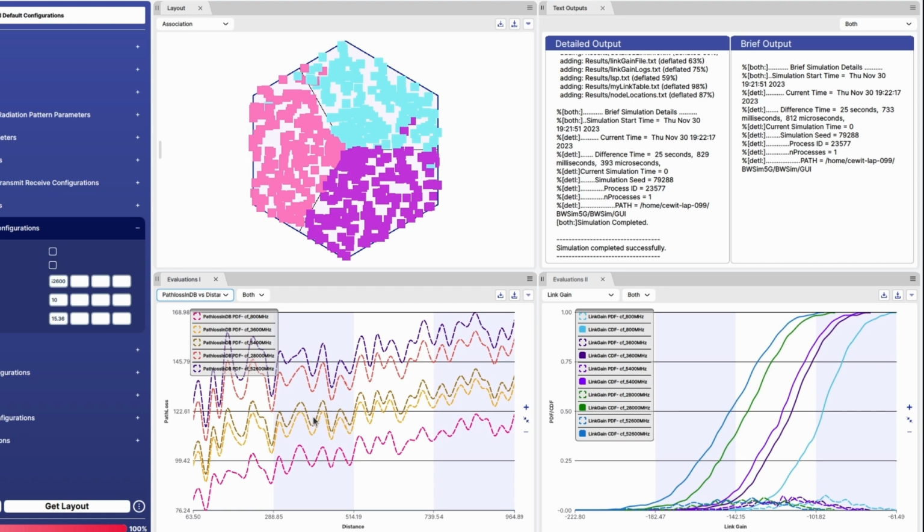A slightly more nuanced understanding is required for the second phase, where we note that as we increase the carrier frequency, a clear increase in the path loss can be found. Why is that? First, we all know frequency is inversely proportional to wavelength. Therefore, when the frequency is high, the wavelength is low.